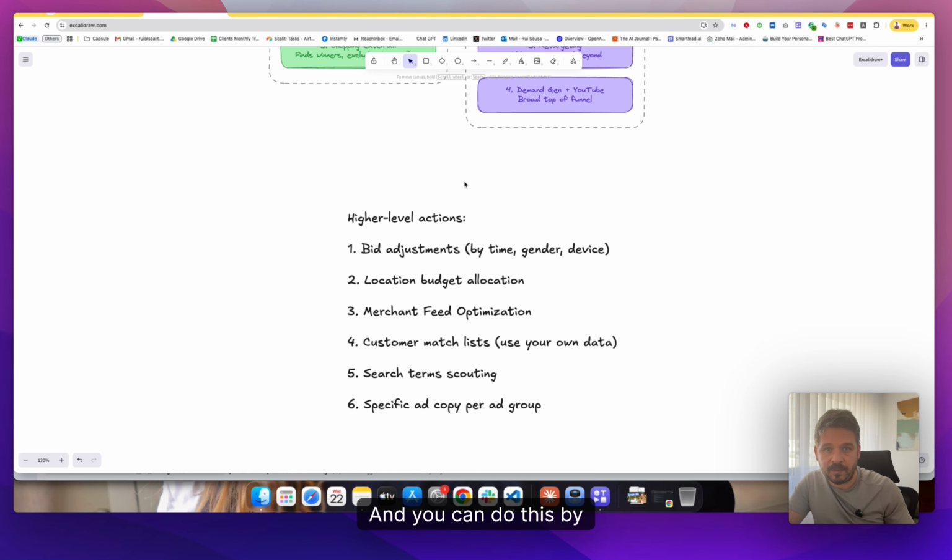And you can do this by day of the week, time, gender, device. Imagine that you sell more pet stuff on mobile. You can just tell Google, hey, push 20% more on mobile. And this basically squeezes all the data you have to get the best ROAS possible. So that's something we do.